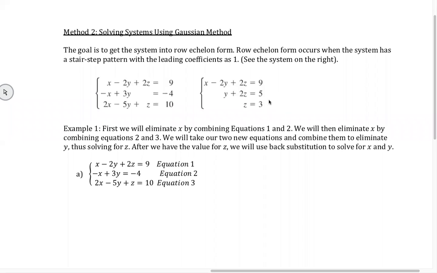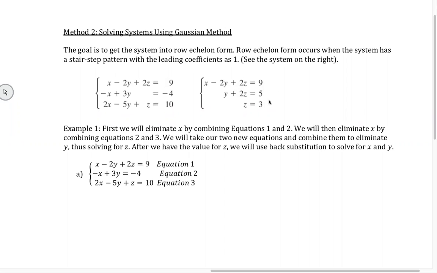The goal is to get the system into row echelon form, meaning you want it to be kind of like a triangle. Notice X starts in the first equation, Y starts in the second equation, and Z in the bottom. Do you guys see that? So that's called row echelon form.